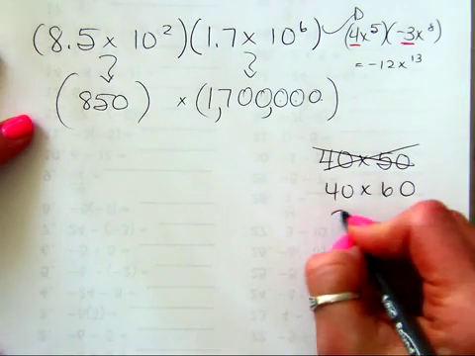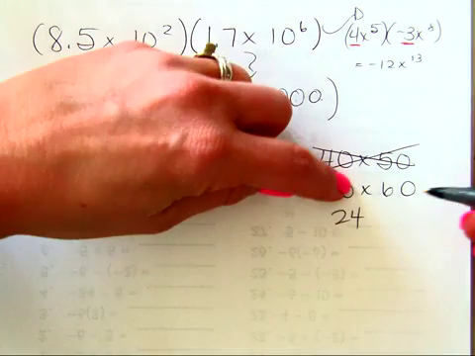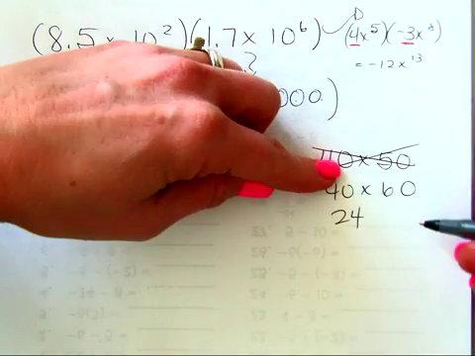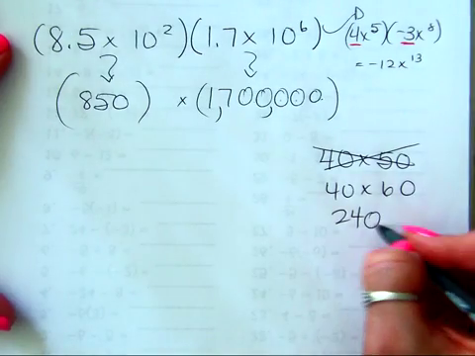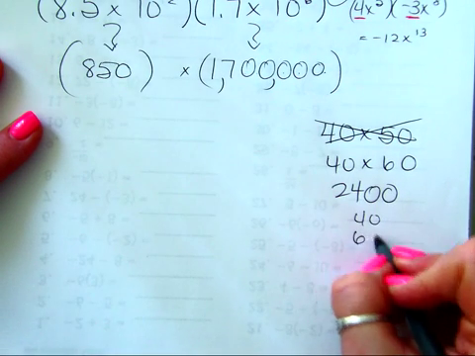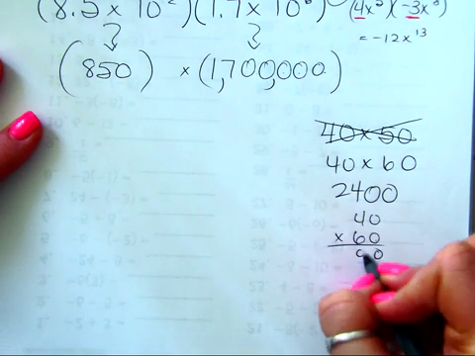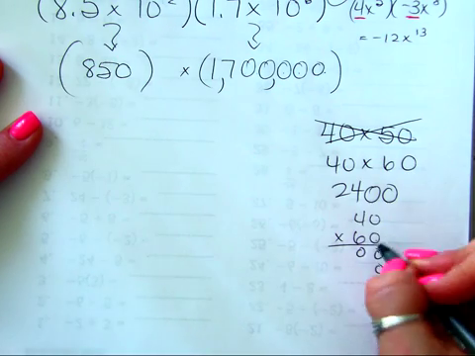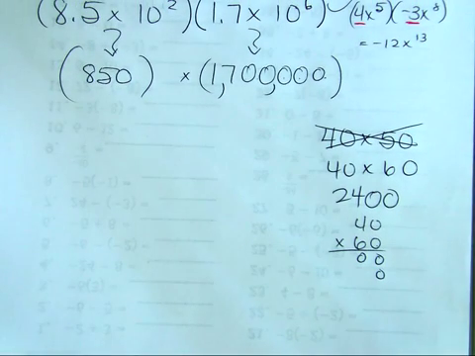And 4 times 6 is 24. And how many zeros did you take off? 2. So add those back in. 2, right? You would be amazed at how many kids I'll see actually set this problem up. And they'll do this, and they'll carry zeros. And I'm like, it's 6 times 4 with 2 zeros, right?